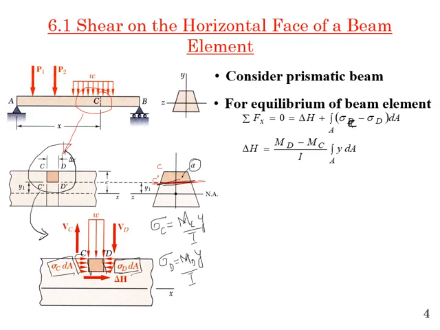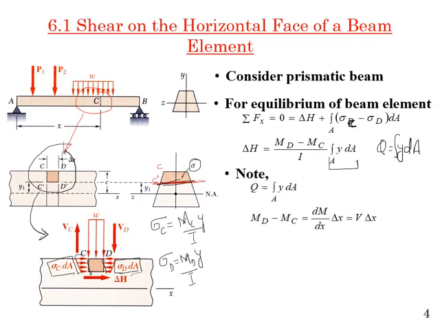Okay. Now, what is this expression? This is the first moment of area. If you remember, this is the first moment of area. For the whole cross section it will be 0, but for this section we have some value.